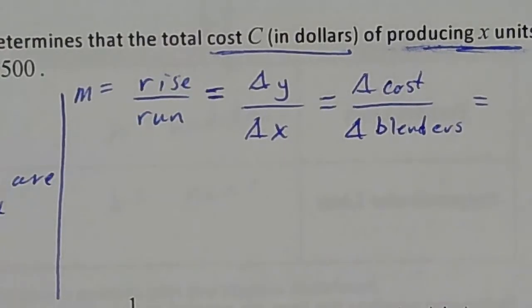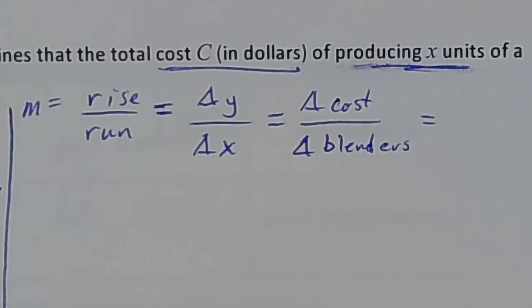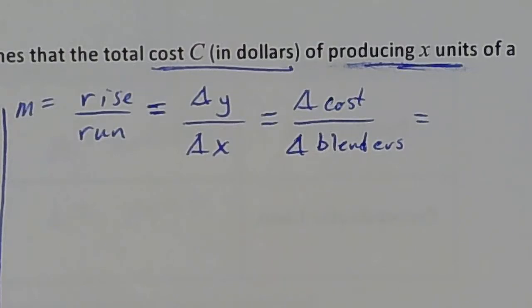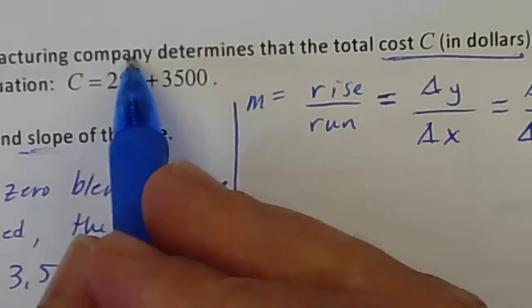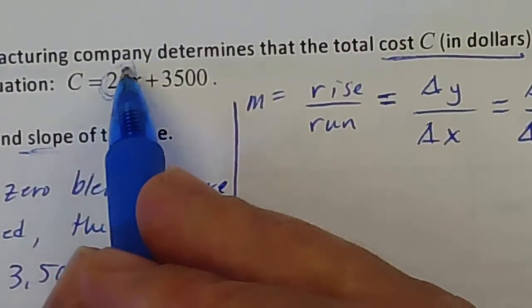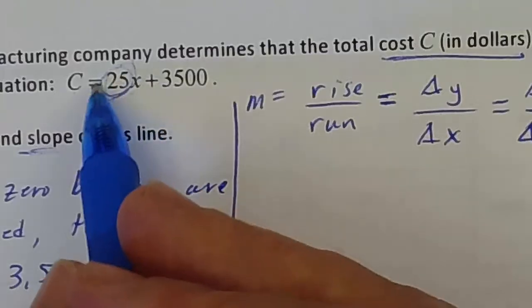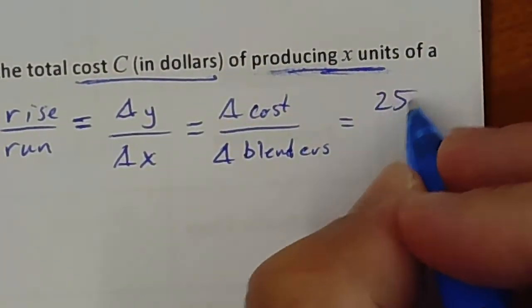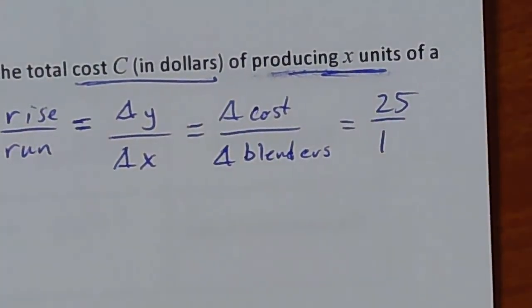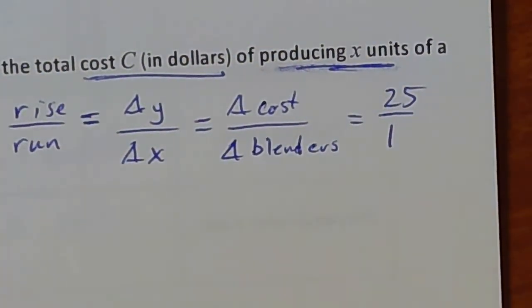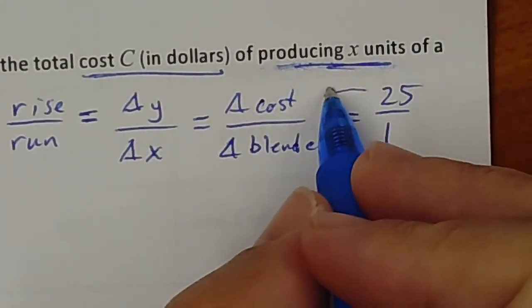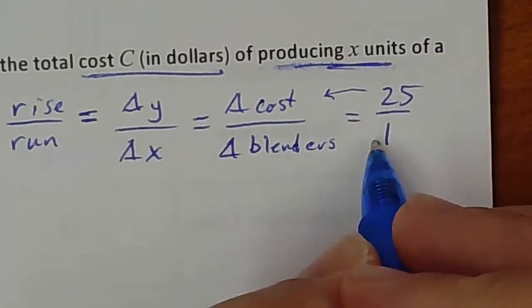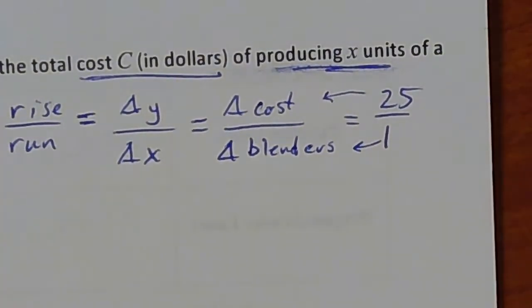Okay, write this down, then I'll show you this last step, and hopefully a light bulb goes off. Say, wow, okay, that's why he's doing this. All right, what is my slope? Well, last couple of days in previous classes, we know the slope is already solved for y, right? It's in front of x. So my slope is 25. Write that as a fraction. Now if you do this groundwork, it's kind of hard to mess this up, because the 25 is going to be associated with the change in cost, and the 1 is going to be associated with the number of blenders produced.